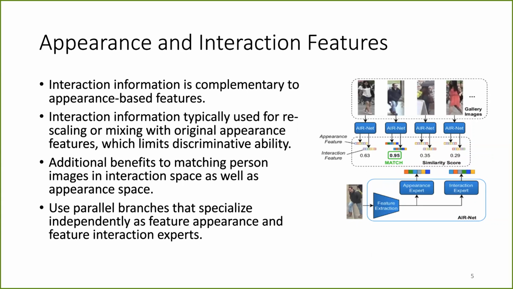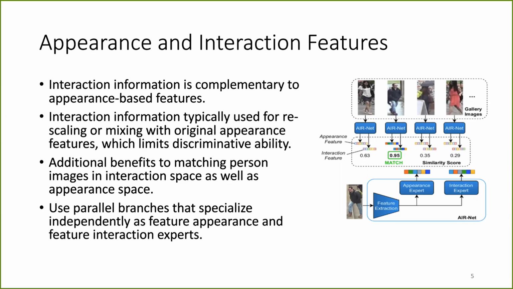In this work, we make the argument that this interaction information is actually complementary to the appearance-based features. Here I should say that when we say appearance-based features, we mean the spatial feature map, and when we say interaction-based features, we mean the channel attention.